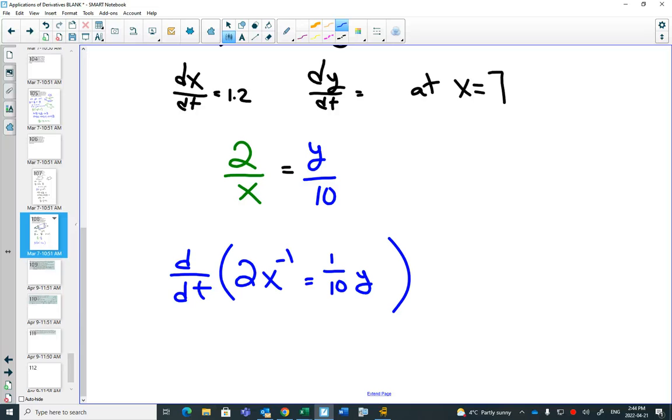I feel then I could take the derivative of each side a little bit easier. On the left-hand side, minus 1 would come out in front. Subtract 1 from the exponent. Chain rule, implicit differentiation, dx/dt. Equals, derivative of 1/10 y would just be 1/10 dy/dt.